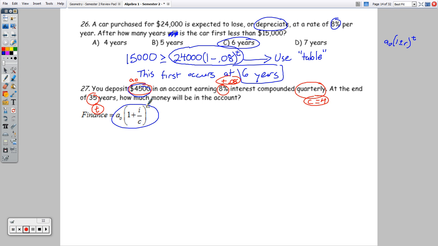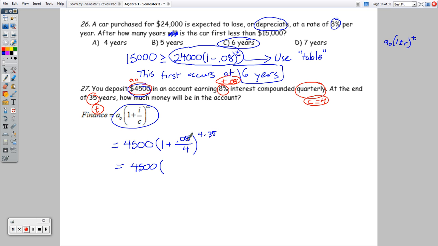So we're going to use this formula right here, and we're just going to plug those numbers in. So 4,500, and then 1 plus my interest rate 0.08 divided by my compounding amount 4 times a year, and then we do C times T here. So 4 times 35. You could simplify that before putting it into a calculator.